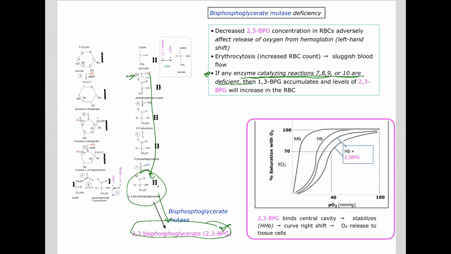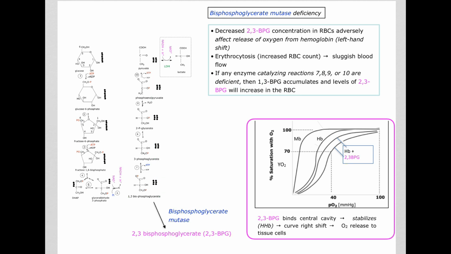And these higher amounts of 2,3-BPG are going to shift the curve more to the right, and that will increase the oxygen release to tissues, just the opposite of what we see here.